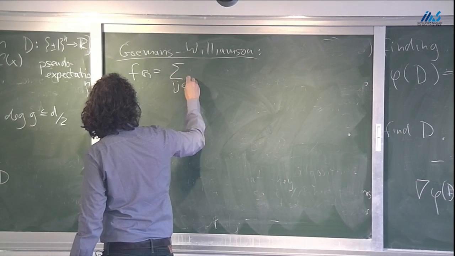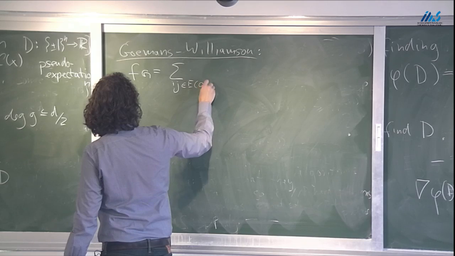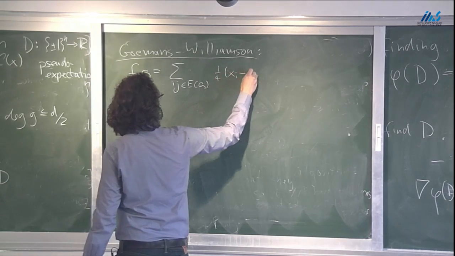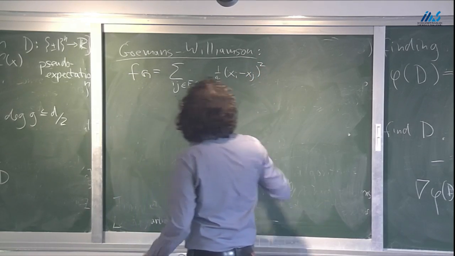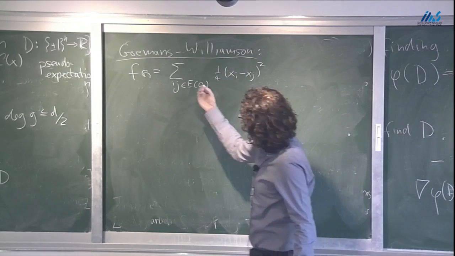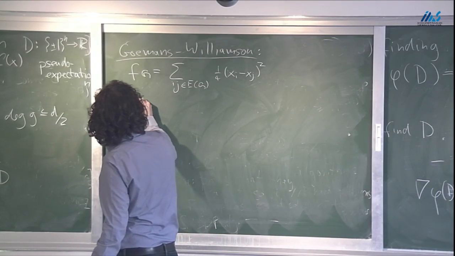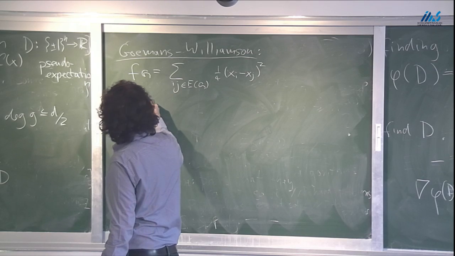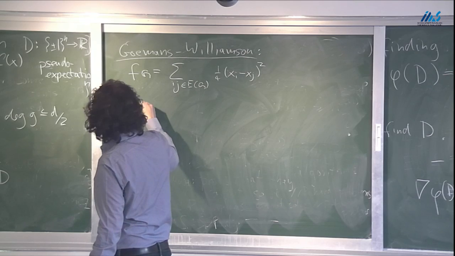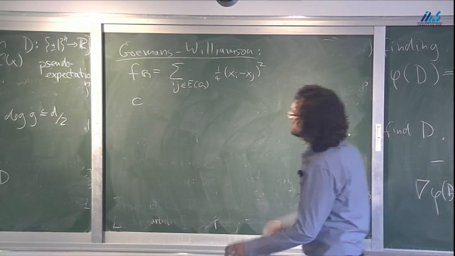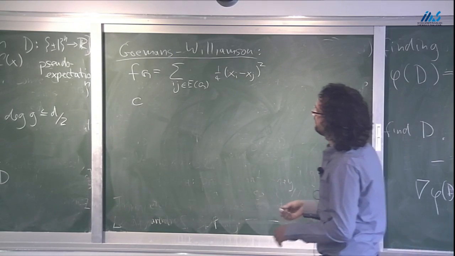We sum over the edges of the graph and count how many of them are cut. Now we have some value C, which is our guess for the value of the maximum cut.